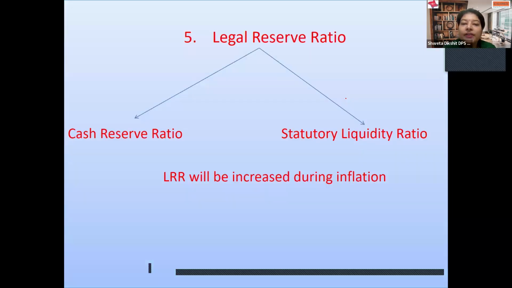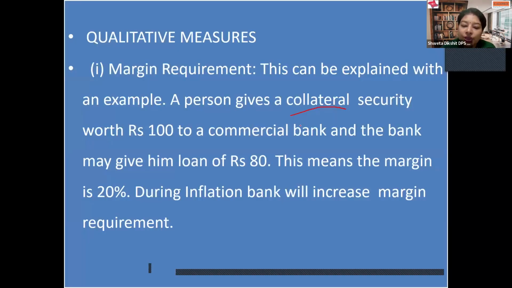Now, legal reserve ratio. The legal reserve ratio is of two types, that is CRR and SLR. Children, this can be one marker. The CRR and SLR difference is very much asked. You need to remember they are very much common, and that is why students generally get confused. What is CRR?